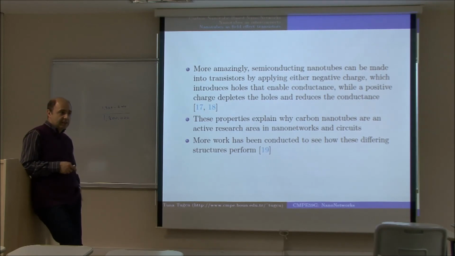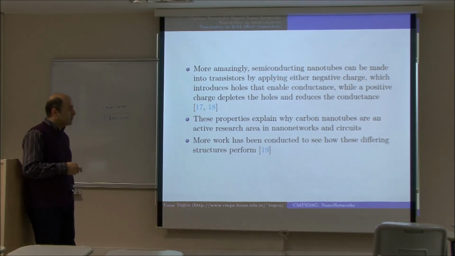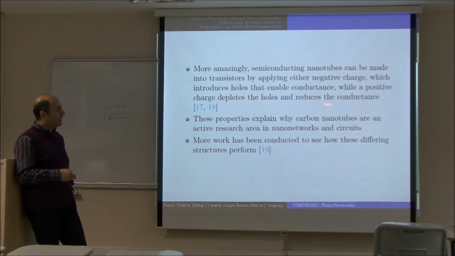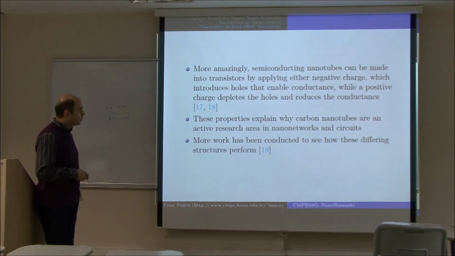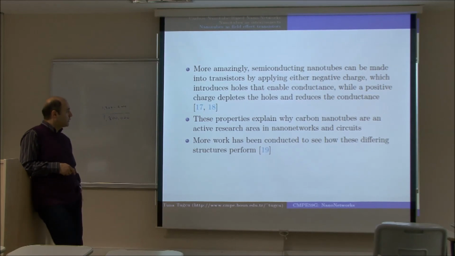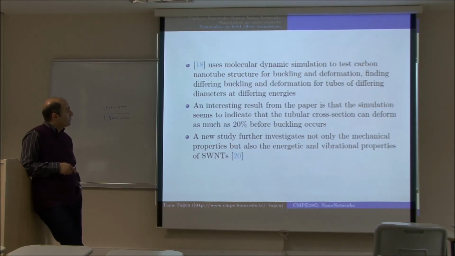But if you cut out that negative charge and apply a positive charge, this time it will deplete the holes and reduce the conductance, which means you can control the conductivity, which was the idea with semiconductors. These properties explain why carbon nanotubes are an active research area in nanonetworks and circuits, and more work has been conducted to see how these perform.